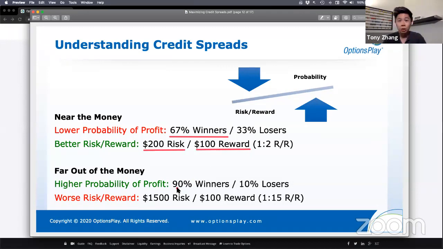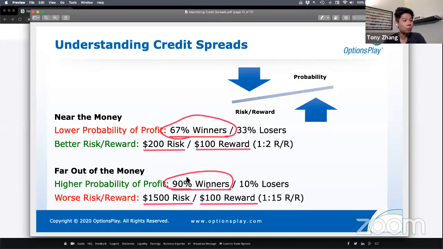Conversely, you can sell credit spreads that have a very high percentage of winners, but many times you're risking substantially more capital for the same unit of potential reward. Many times this type of strategy does not make sense, even though on the surface, who wouldn't rather have 90% winners rather than 67% winners? But many of these will have risk rewards that are far worse than you would expect.